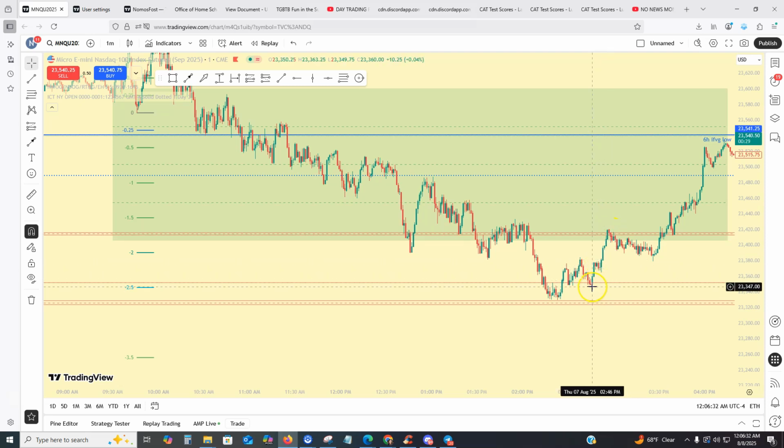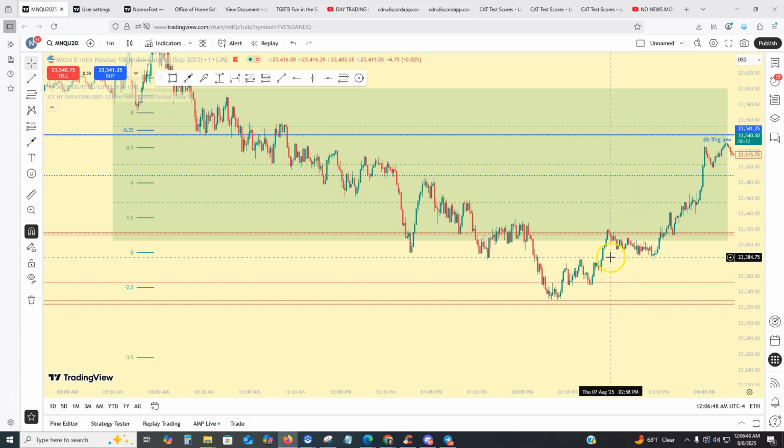This is 2 displacements, well, 1, 2, and then this is 3.